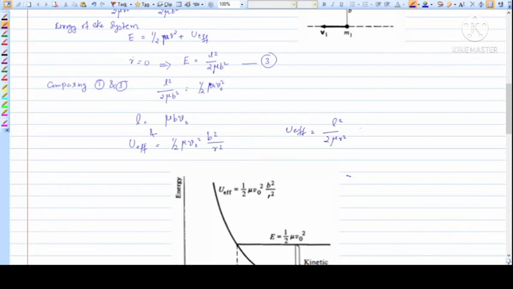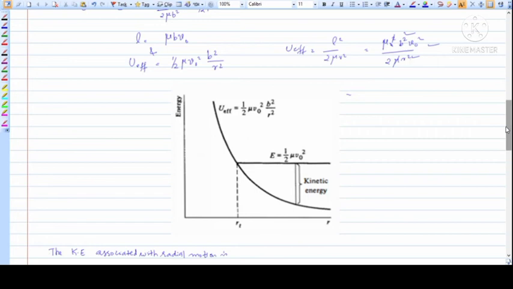Put the value of L square as mu square B square V0 square divided by 2 mu R square, and you will get half mu V0 square B square by R square.